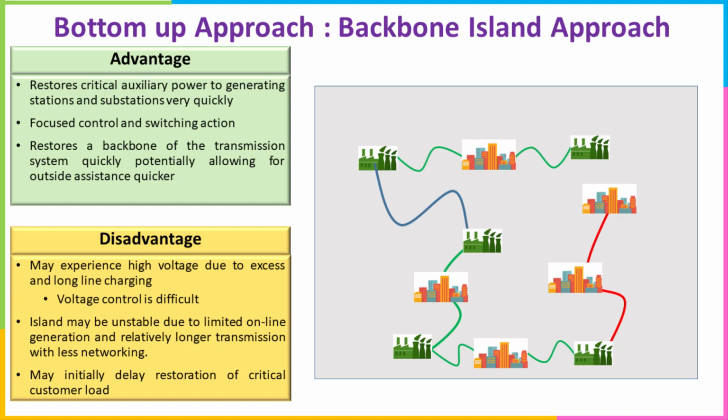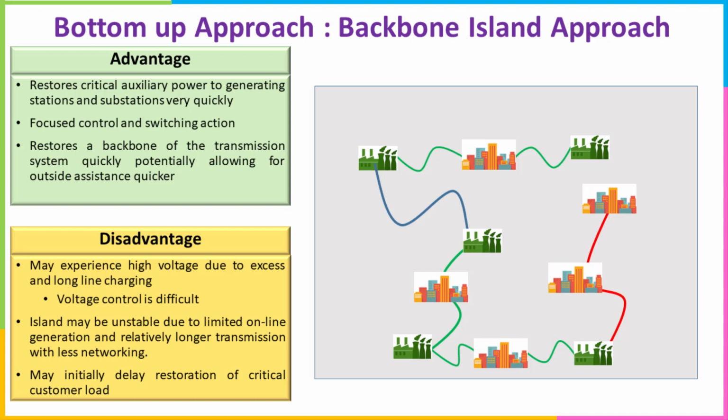That approach is basically applicable when the generating plants are located far away. So you start with one generating plant, second generating plant, restore some load, again the next generating plant, restore some load. These generating plants which are providing the cranking power to the other substations are first stabilized, then you move to the next generating plant, that is stabilized, you move to the next.